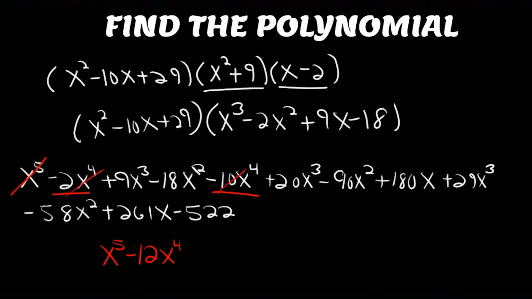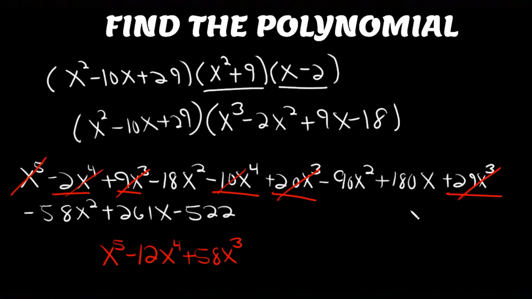Now I have to move on to the third power. So 9x cubed, I have that. 20x cubed, I have that. And then the 29x cubed. When you combine all that, you should get plus 58x cubed. Okay, so that's done.